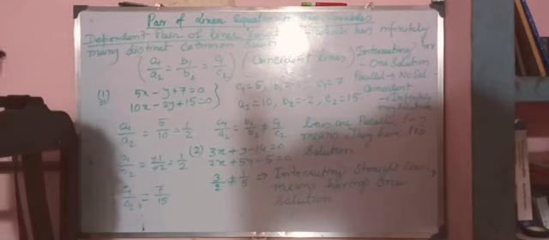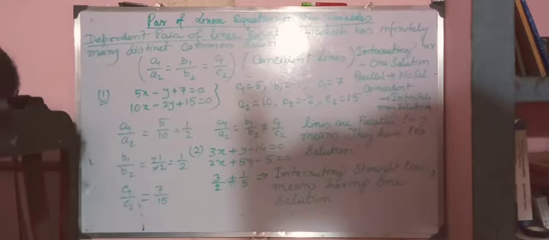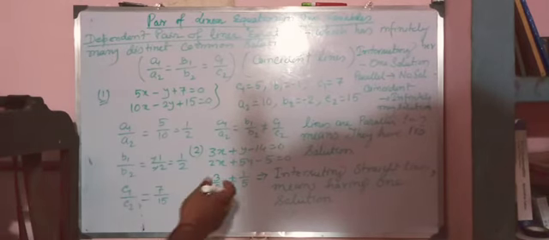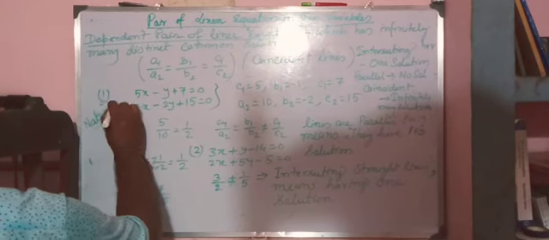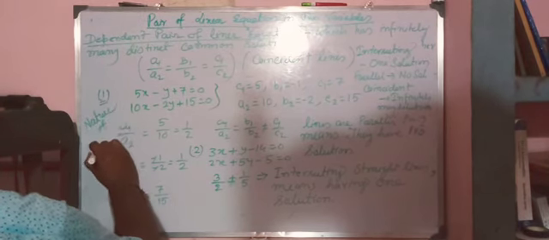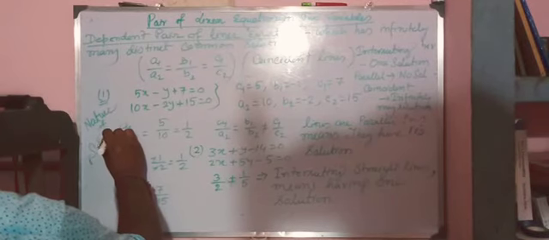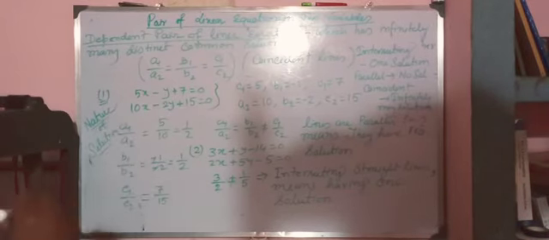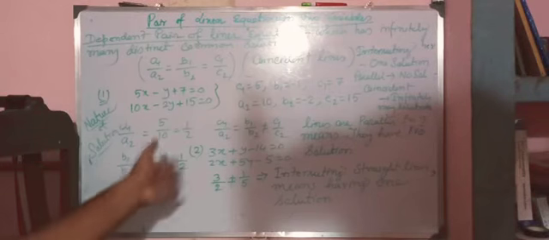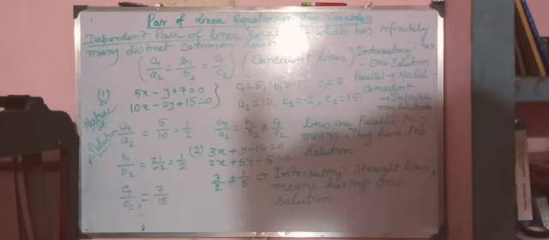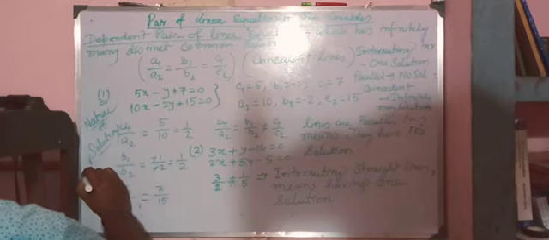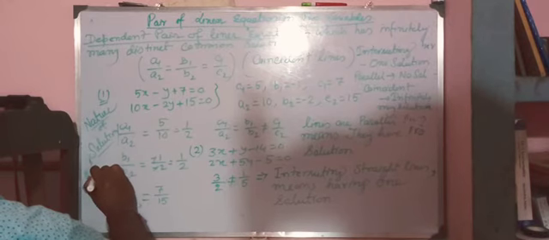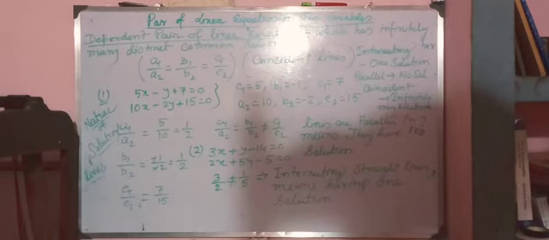Actually these are called the nature of solution of a pair of linear equations, or nature of straight lines, whatever we can say. Understood?